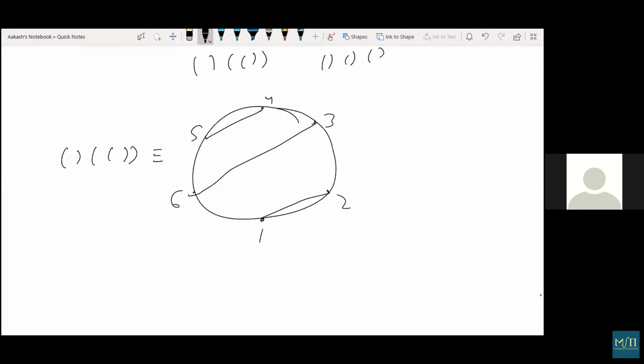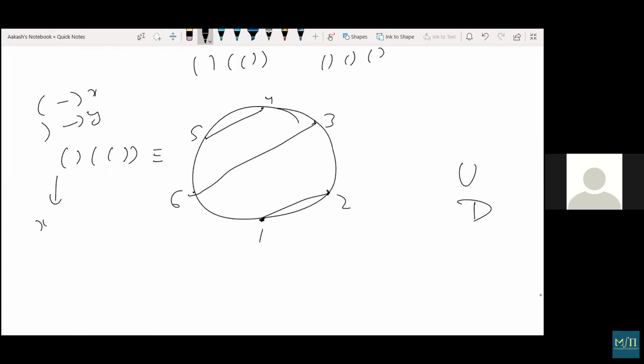If I suppose this bracket as x, and this facing as x and this facing as y, and suppose there is a bug which starts from 1, when it sees a pair and the first element of the pair, suppose 1 and 2 are making a pair, when it encounters the first element of the pair, it will assign it as up, and when it sees the second element of the pair, it assigns it as down.